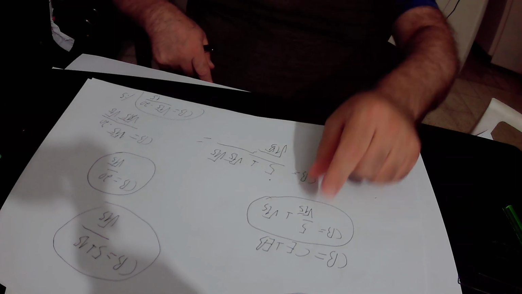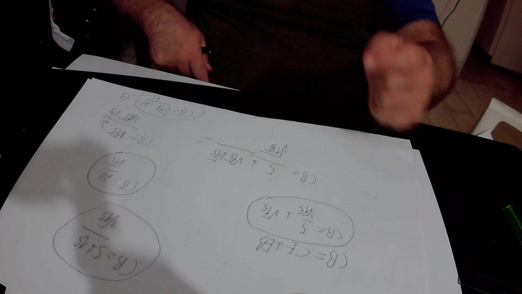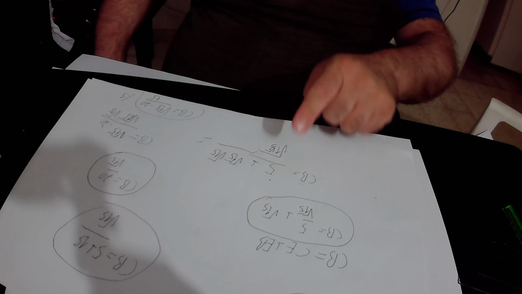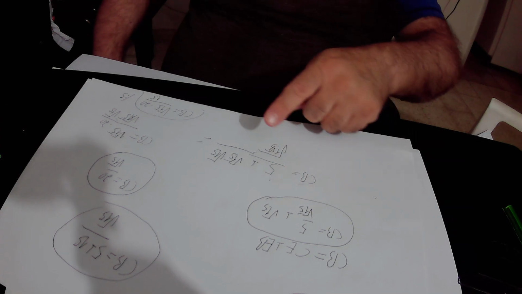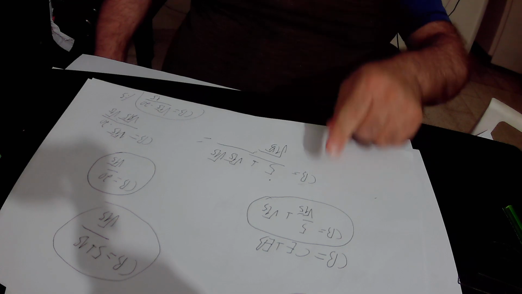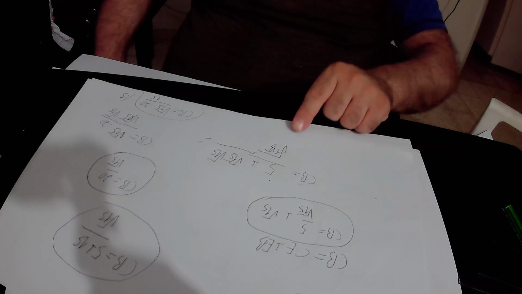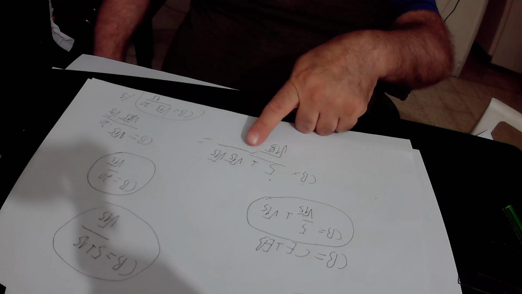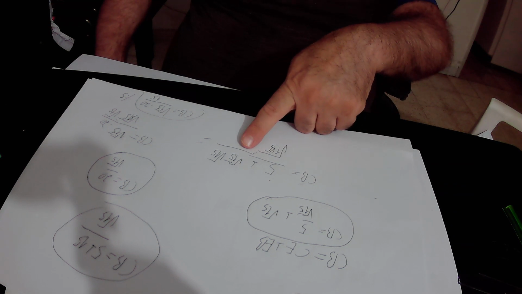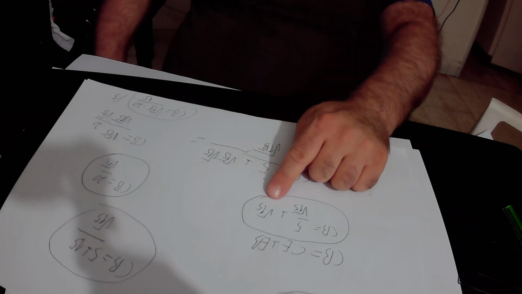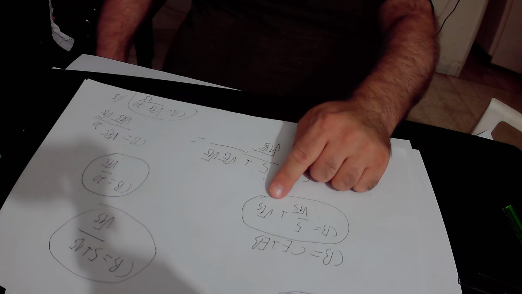Here we simplify this expression by multiplying the square root of 15 by the square root of 15 and then dividing it by the square root of 15, in order to have a common factor with this expression. So 5 over the square root of 15 plus the square root of 15 times the square root of 15, over the square root of 15.